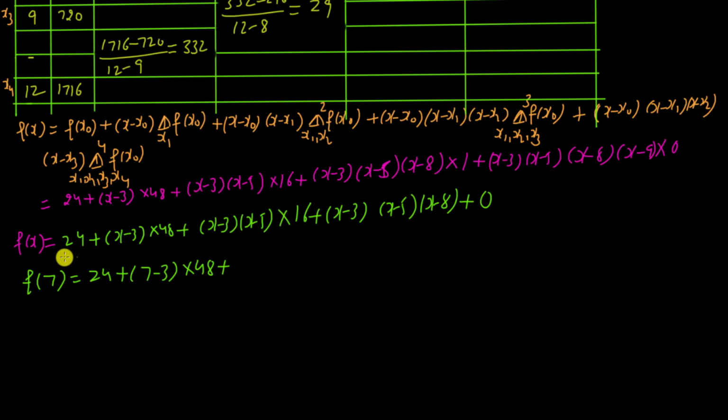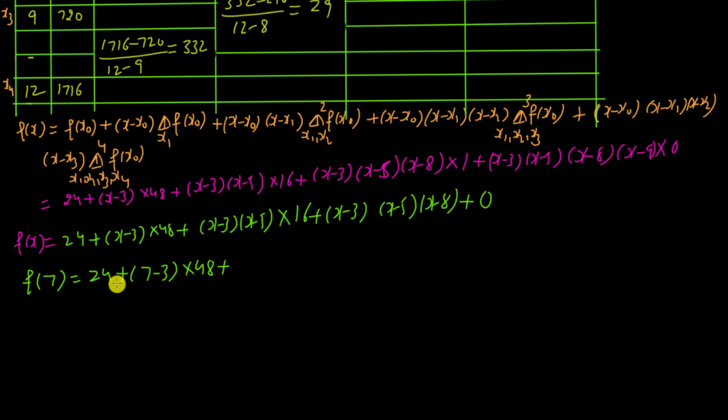If you are asked to find the polynomial, then instead of putting x equal to 7, you will solve this and write the polynomial. But now we are asked to find f7. So why calculate the polynomial when it has not been asked for? What is the use of solving if we are asked to find f7?